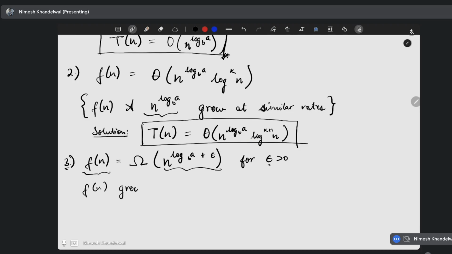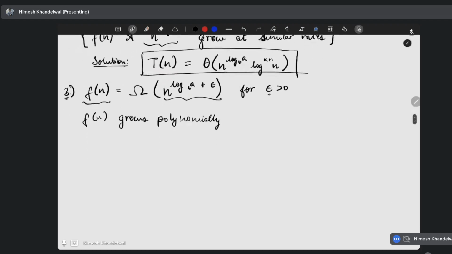It grows polynomially faster than n to the power log a base b, by a factor of n to the power epsilon.